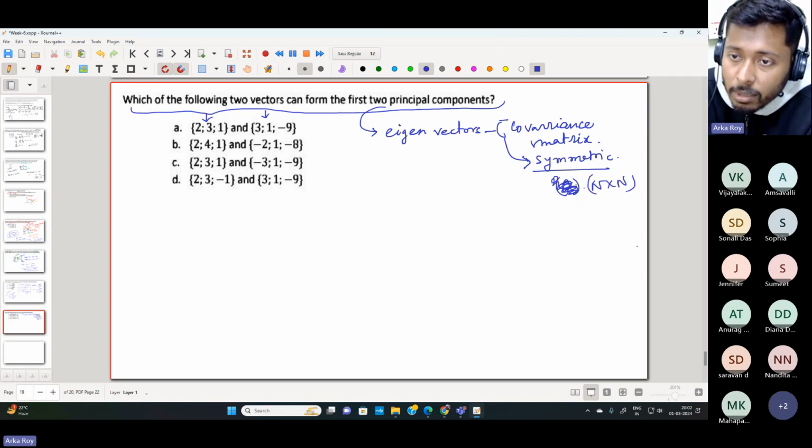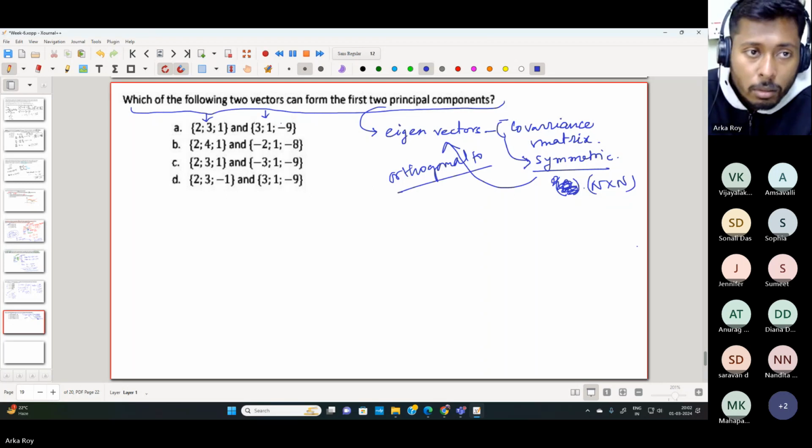So it is a square, symmetric matrix, and for any symmetric matrix, if you evaluate the eigenvectors, they are orthogonal to each other. So that is the reasoning for that.